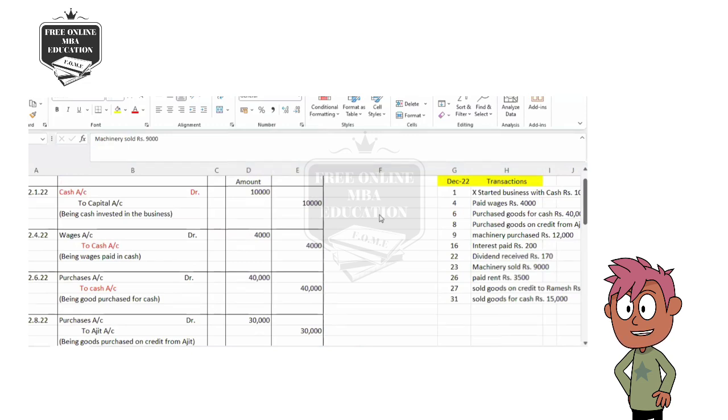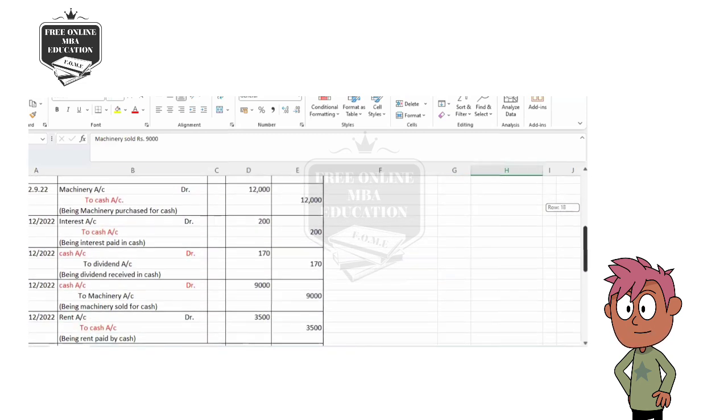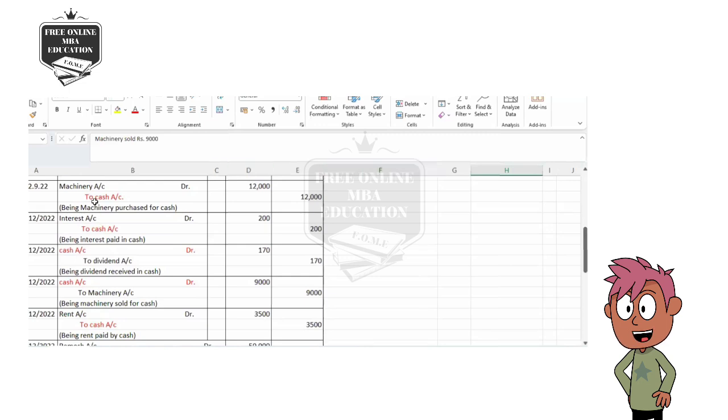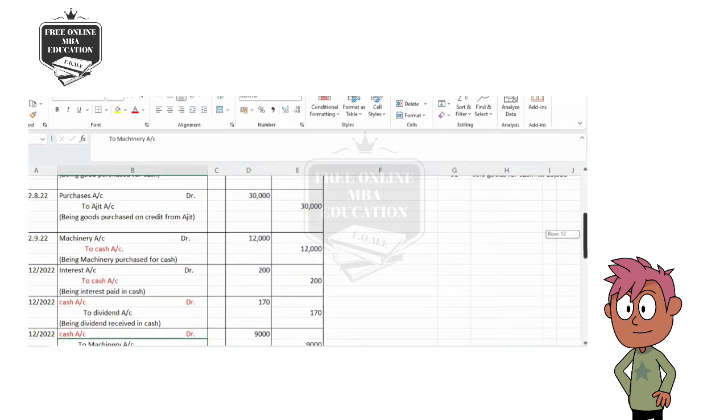So it's exactly the opposite entry to the purchase of machinery. Earlier machinery entered, now machinery is going out of the business. So the entry would be cash account debit, that cash has entered, to machinery account, machinery we have given out. That means machinery goes out of the business.